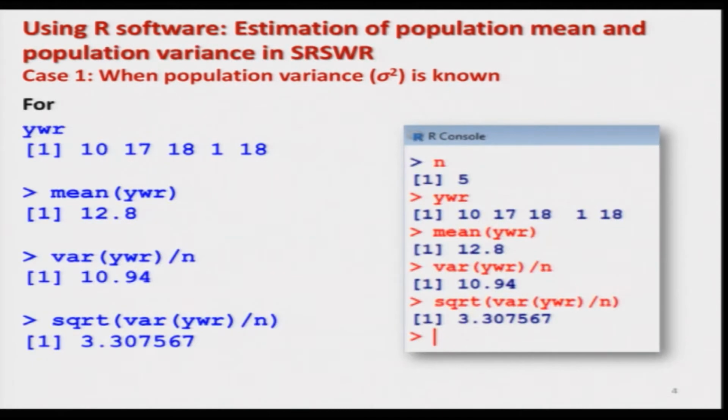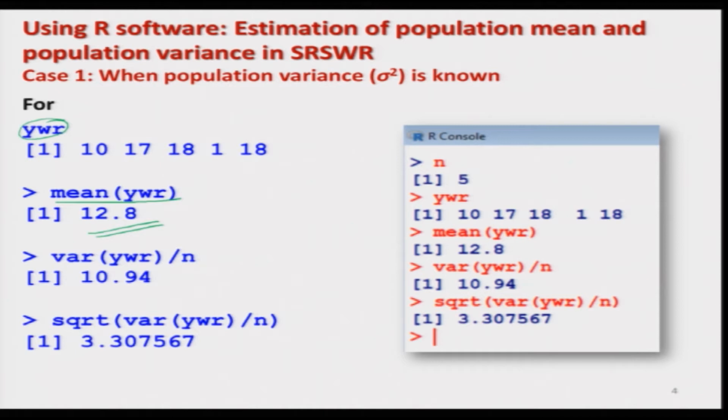Now we have this sample here, and the sample values have been stored in a variable YWR. If I want to find the sample mean, I simply find mean of YWR, and this value comes out to be 12.8.